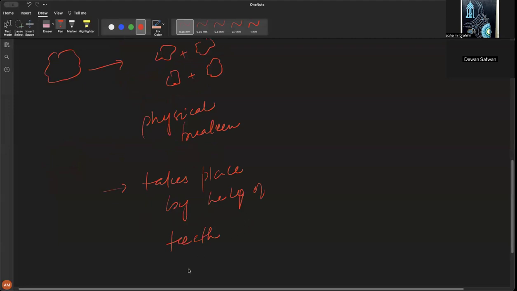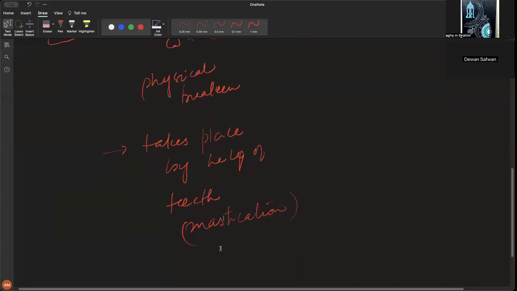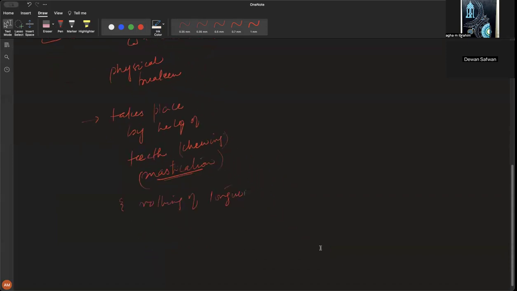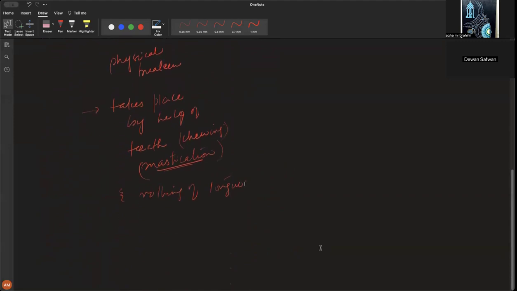But the process of chewing, mastication, and rolling of tongue. Right? What is its significance?